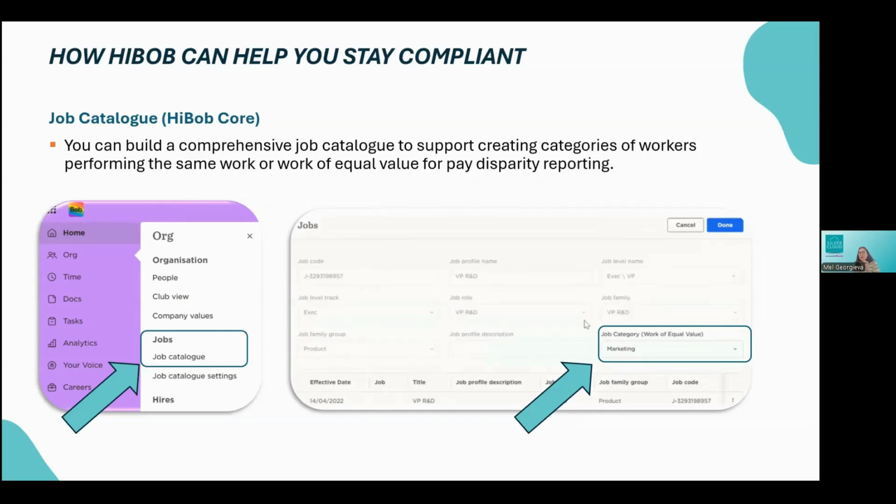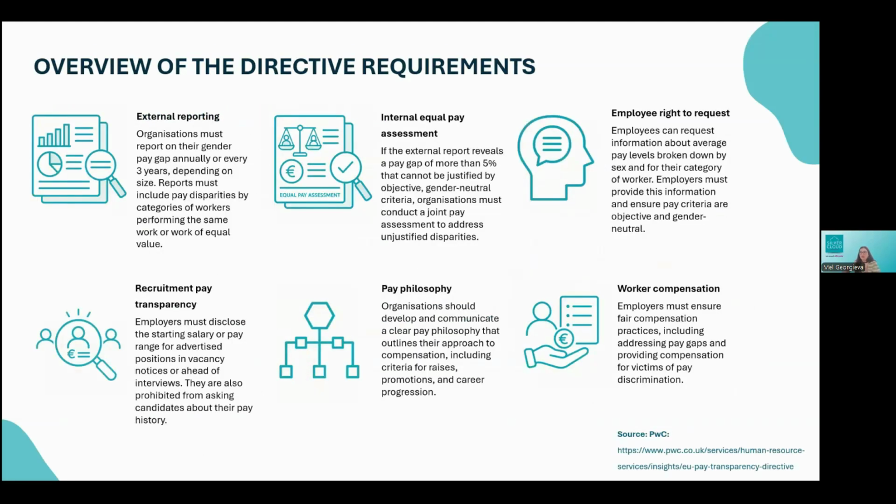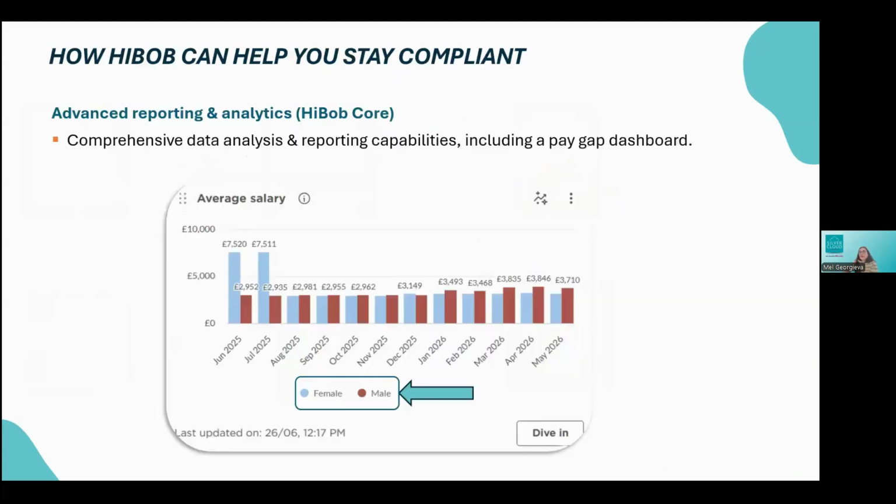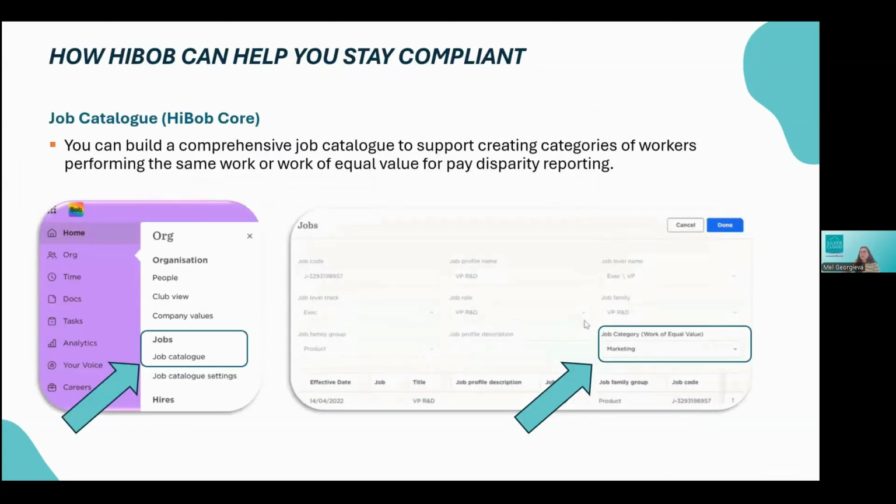When we spoke earlier about external reporting, the reports must include pay disparities by categories of workers performing the same work or work of equal value. So that's very key, because Bob accommodates that with a new field to help with that reporting and calculation of compensation.